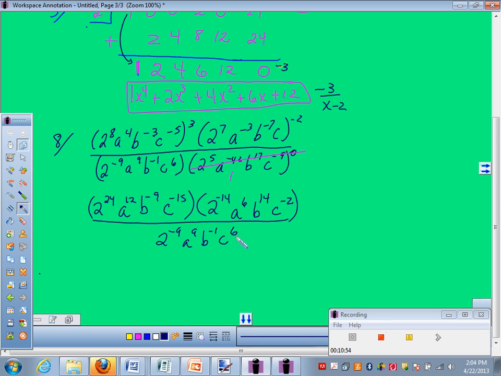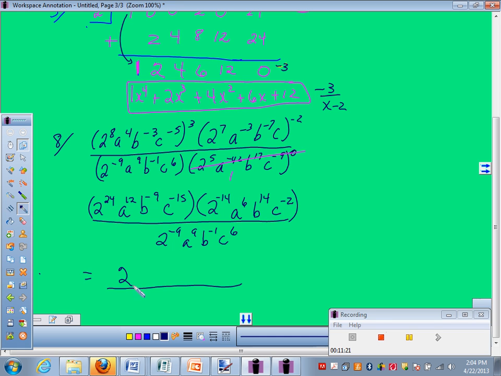Distribute the exponents. What do you mean distribute? You need to get the top all combined into one set of terms first. So if I start multiplying the terms on top, what am I doing to their powers? I'm adding powers. And I'm not changing the base, so it stays 2.